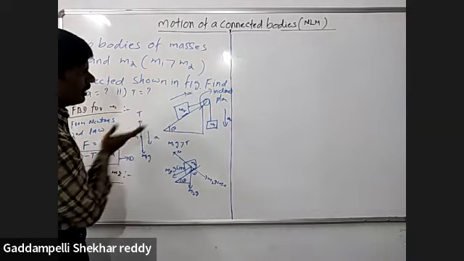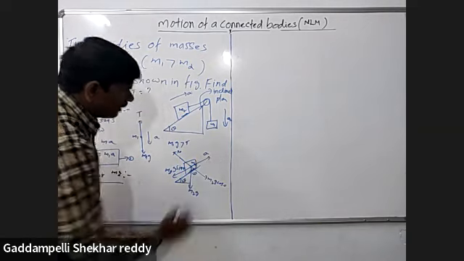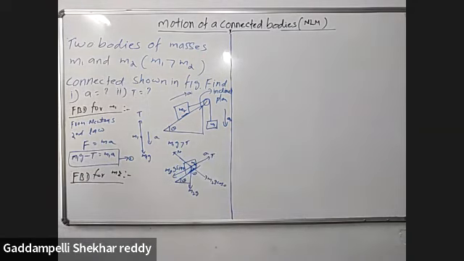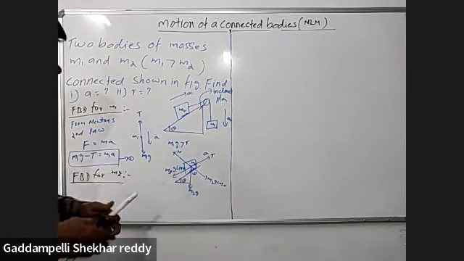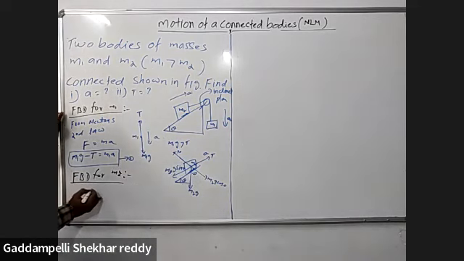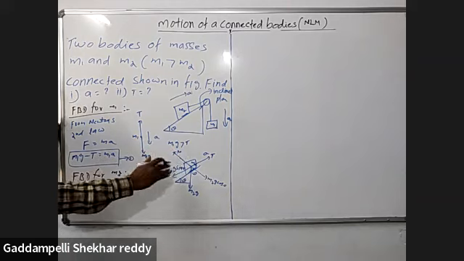The motion of the body along the inclined plane is upward, which means the acceleration is upward, and the tension acts up the plane. Perpendicular to the plane there is no acceleration, so the normal force equals M2G cos theta, that is, N minus M2G cos theta equals 0.